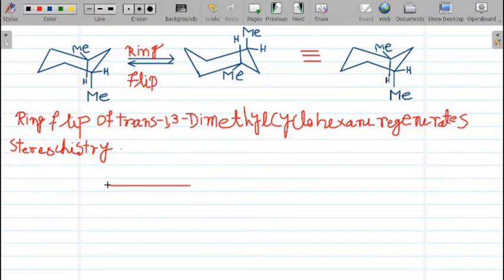Here you can see that for cis 1,3 dimethyl cyclohexane, two methyl groups are present above, in the same plane, and two hydrogen atoms are present in the same plane.